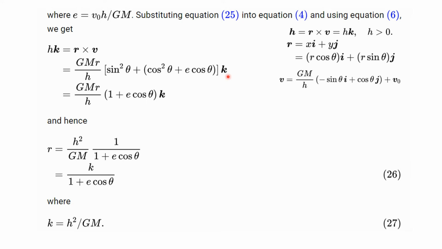And so noting that the sine squared of theta plus the cosine squared of theta, I can use the associative property, and I can call that 1.